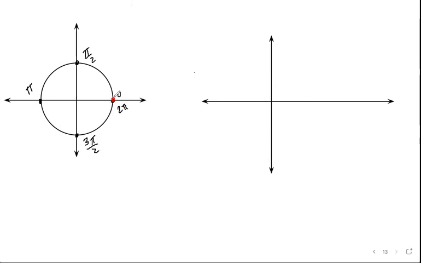From this point to this point, here is 0, pi over 2, pi, 3 pi over 2, 2 pi.